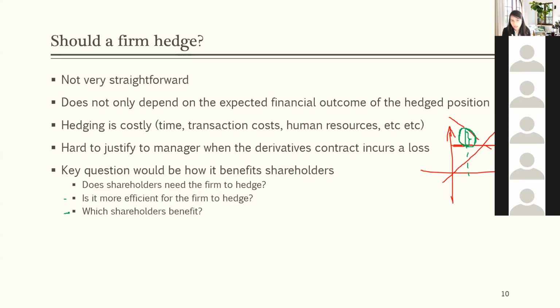So as a result, because of the diverse shareholder base that multinational companies have, this is another important issue that they have to think about, okay? So in your assignment, this is a question that you need to think about as well, okay? So from the point of view of Afterpay shareholders, do you think it's worthwhile for the firm to hedge, or is there any other considerations that you need to think about, okay?